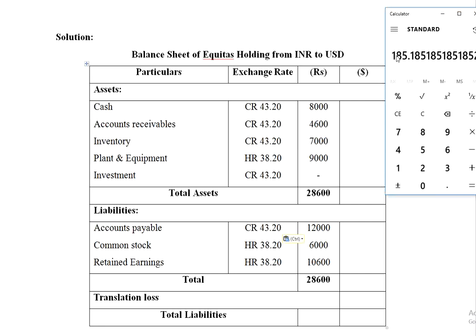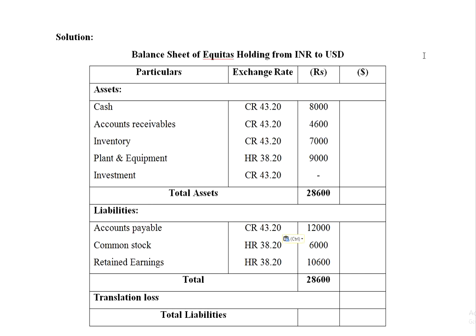You get 185.18, or else we can write it as 185.19, right? So I'm going to write down the amount, $185.18.